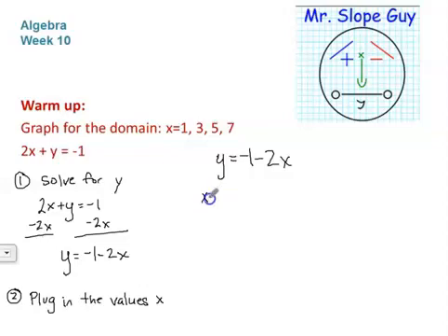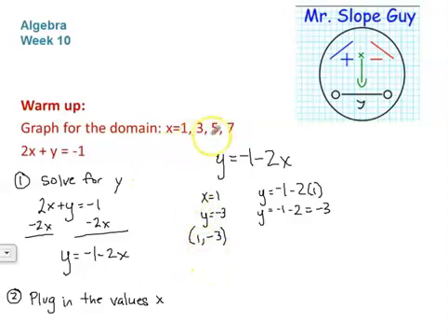Whenever I see an x, I'm going to plug in 1, and I'm going to do the math. Y is going to equal -1, and -2 times 1 is -2. So -1 minus 2 is -3. When x equals 1, y will equal -3, and we can write that as a coordinate, (1, -3).